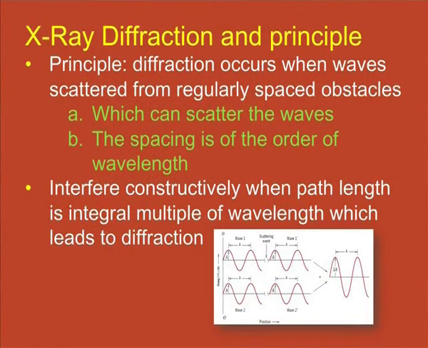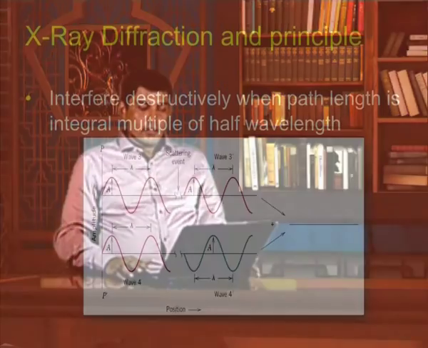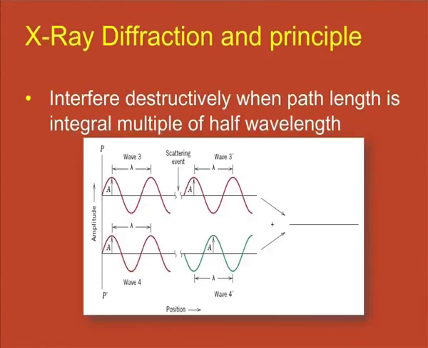After scattering from these obstacles we come across interference, and this interference pattern will be constructive or destructive depending on the condition. For constructive interference, the path length between the two waves should be equal to an integer multiple of the wavelength. For destructive interference, the path length should be an integral multiple of half the wavelength.